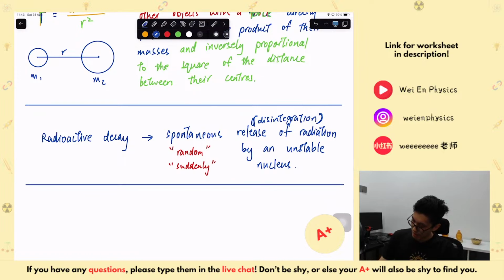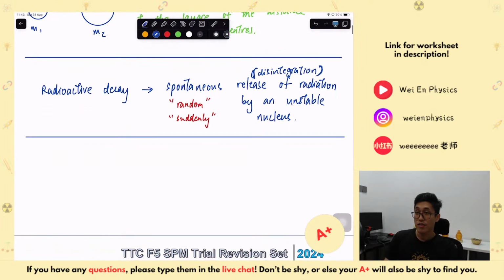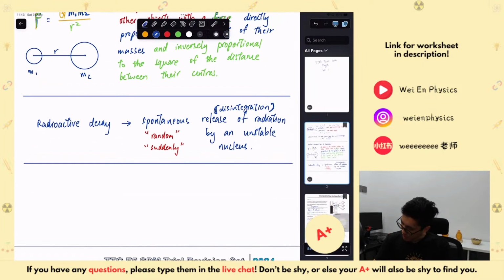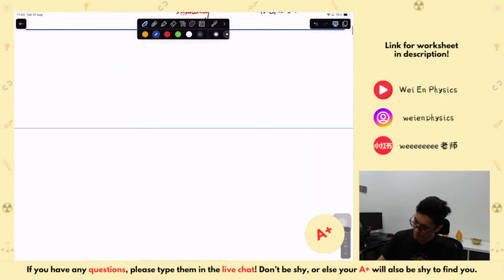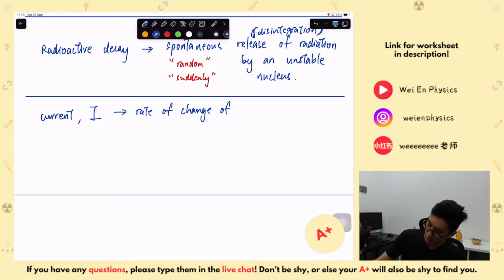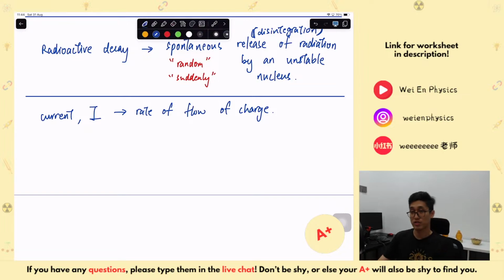Next, for current. Current, I, in electricity is actually the rate of flow of charge.